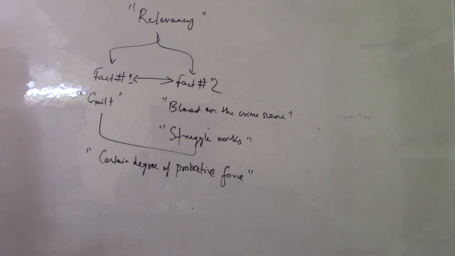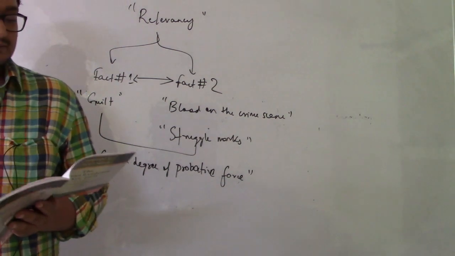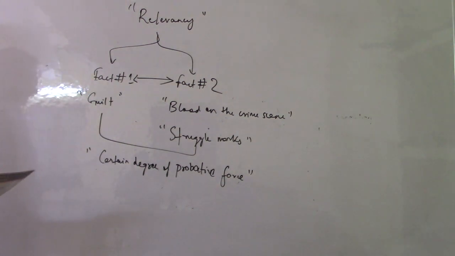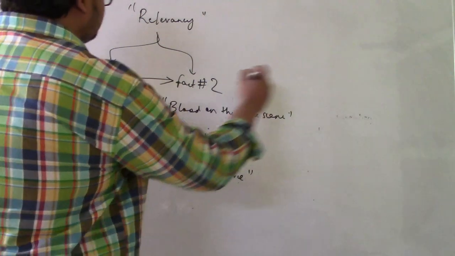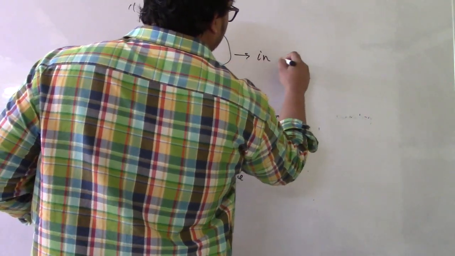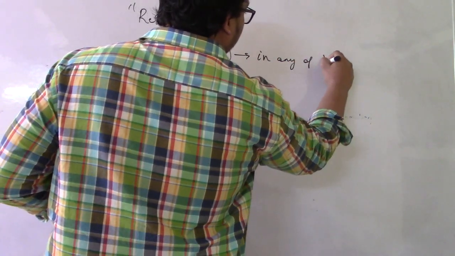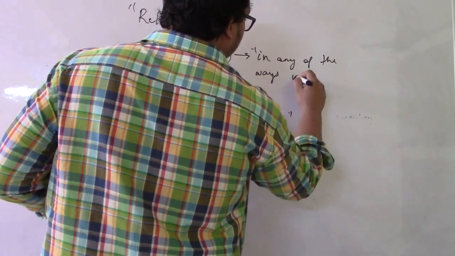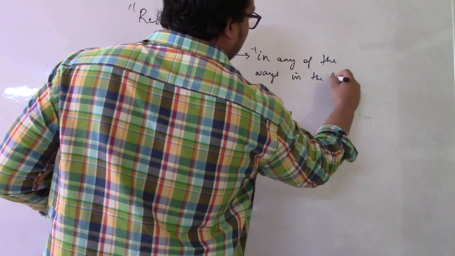Are you confused anywhere? Now, one fact is said to be relevant to another when the one is connected with the other in any of the ways referred to in the provisions of the Act. In any of the ways referred to in the Act.